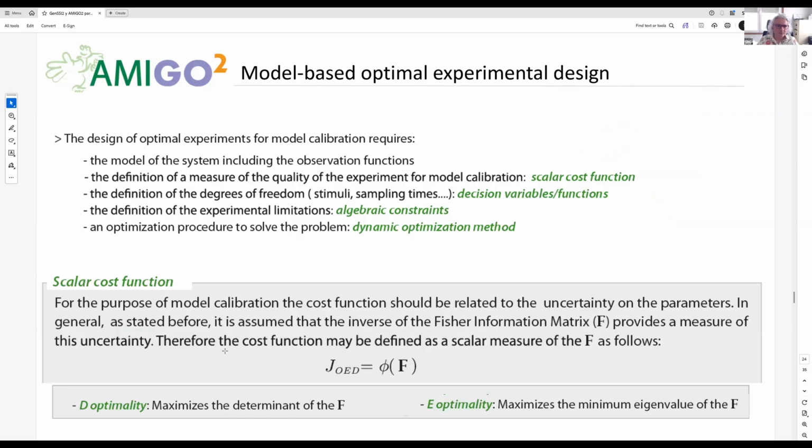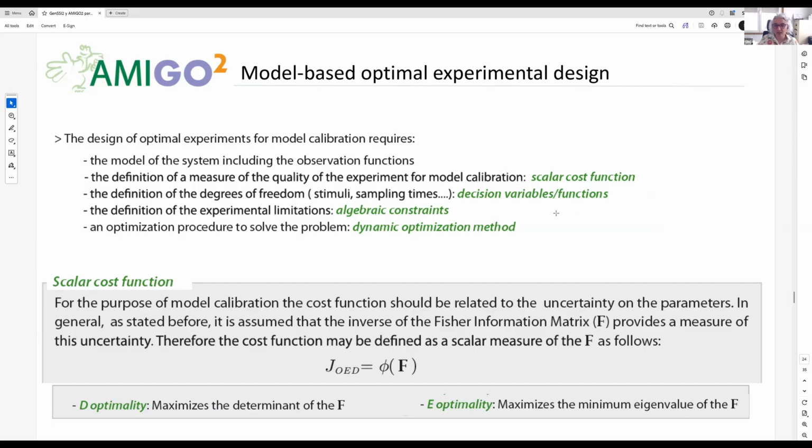The problem is formulated as a dynamic optimization problem, and we need a few elements for that. So we need the model, of course, including the observation functions. We need a preliminary value for the parameters. We need a scalar function which is able to account for the information conveyed by the experimental scheme we are trying to design.